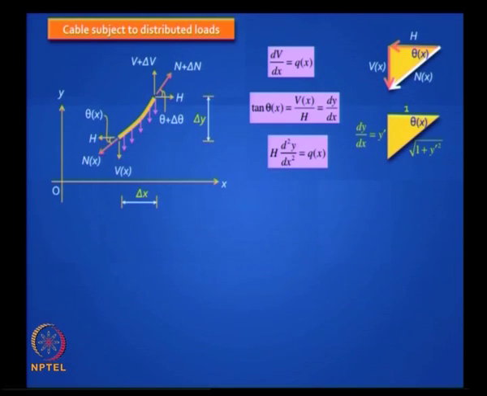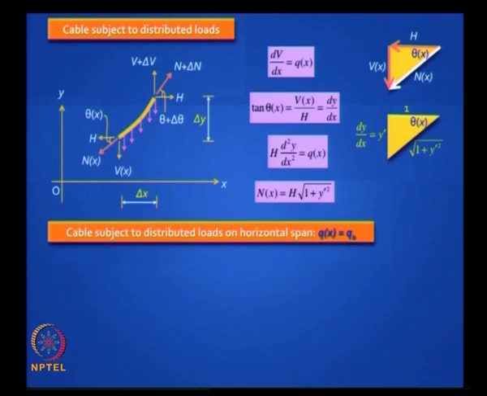This is a basic differential equation of a cable, and the axial force can be easily generated from that triangle of forces, and you can use these equations to work out what is the profile of a cable for any given distribution in loading. The most common type of distribution in loading is uniformly distributed load, and this can be done in two ways.